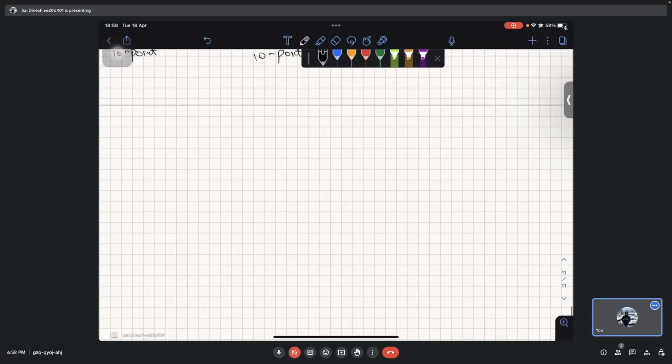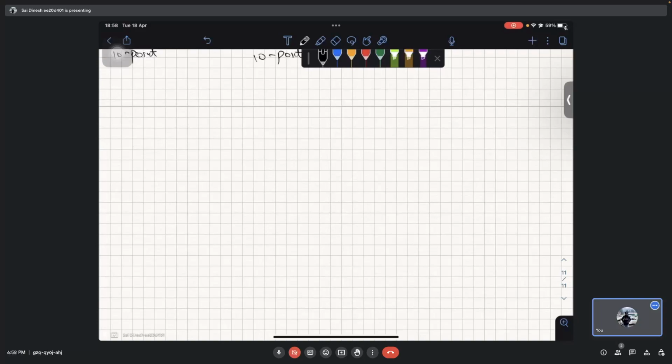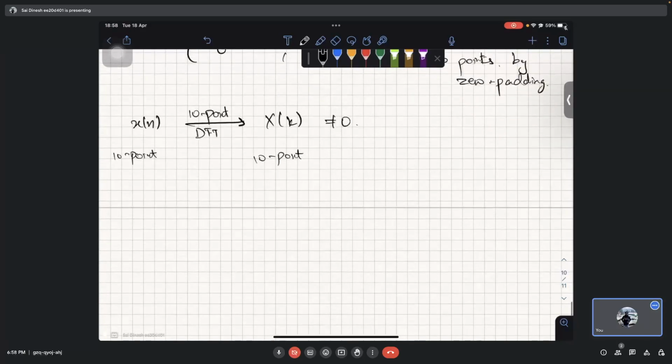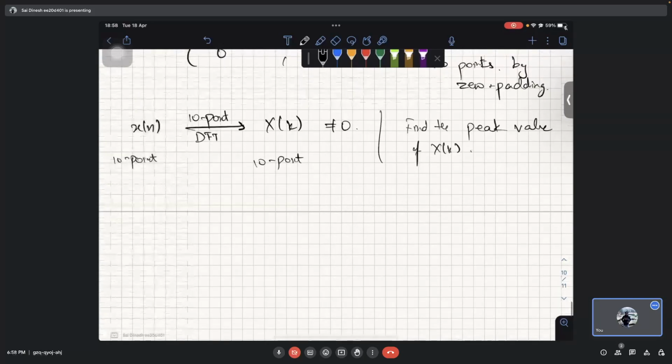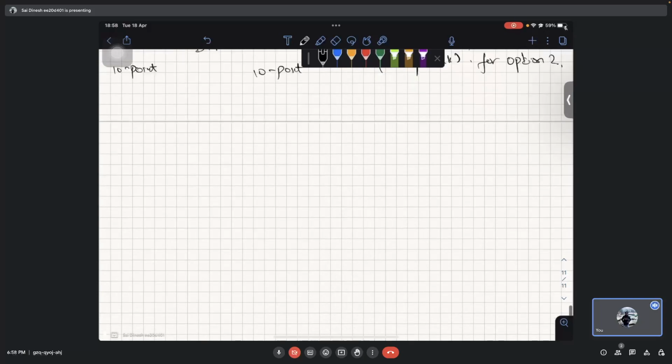No. Now next one is, find the peak value of x of k. For option 2.